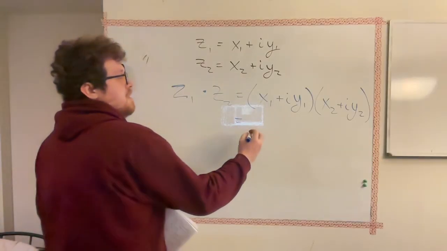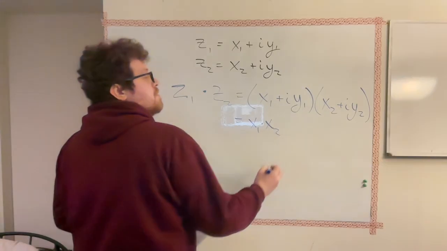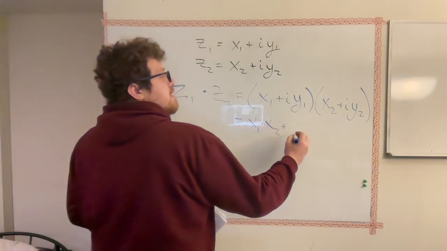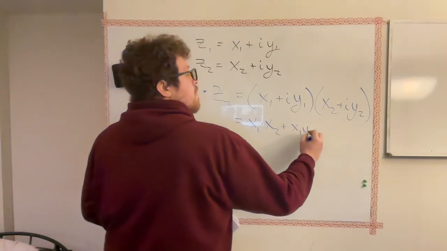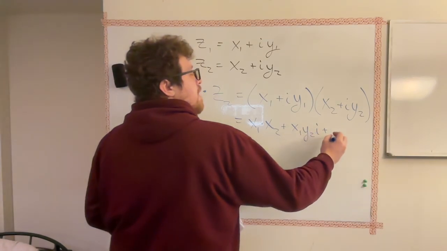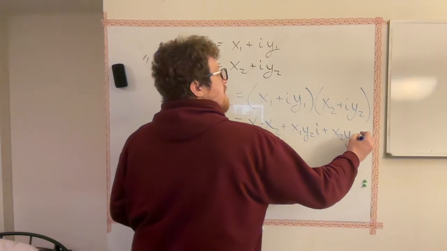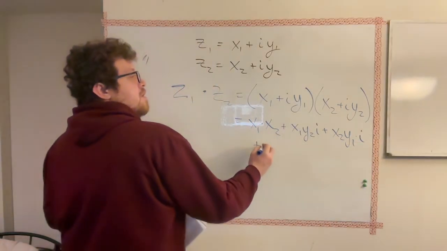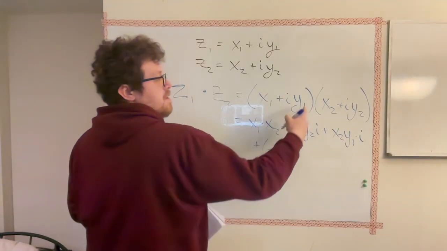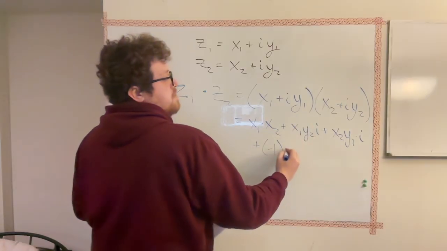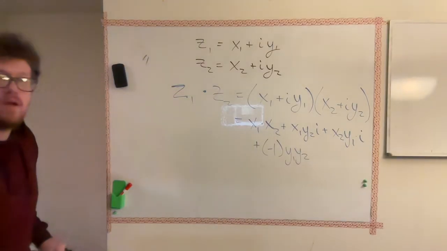So this is x1 times x2, plus x1 y2 times i, plus x2 times y1 times i, plus, now it's i times i, which is -1, times y1 times y2. Okay.